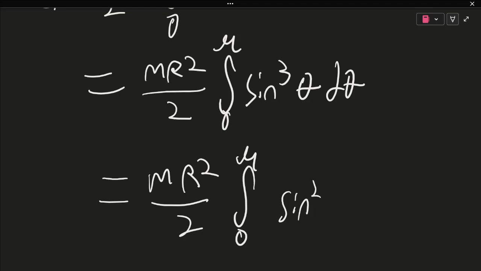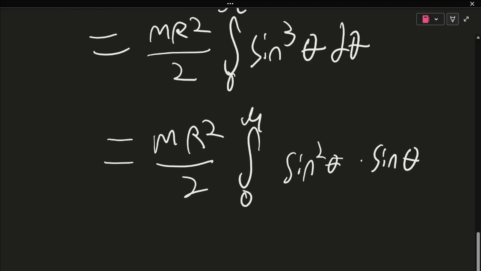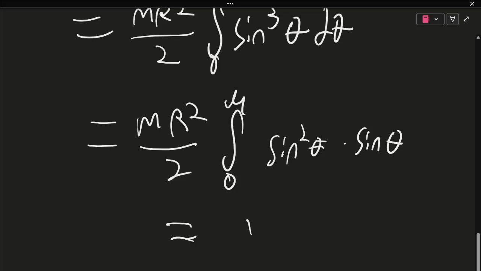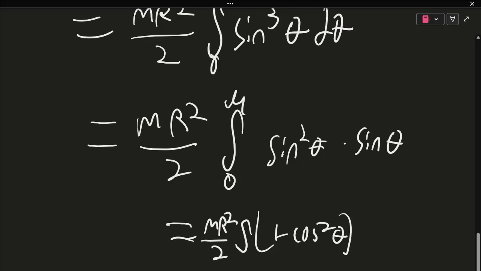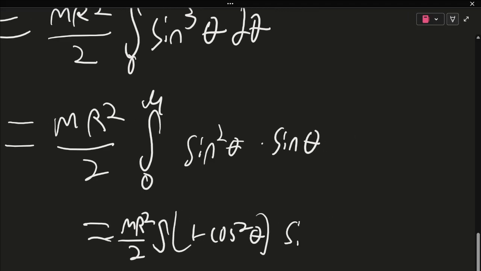So it's going to be sine squared theta times sine of theta. And then we can use a trig identity, our Pythagorean identity. So we write this as 1 minus cosine squared theta times sine of theta.